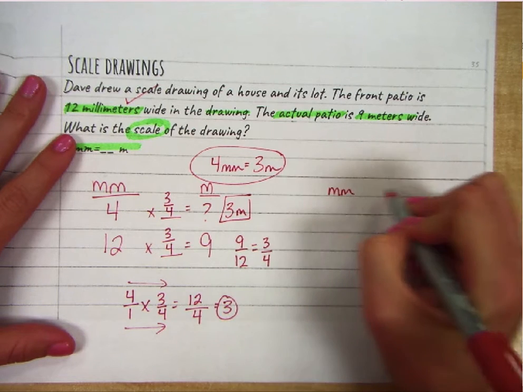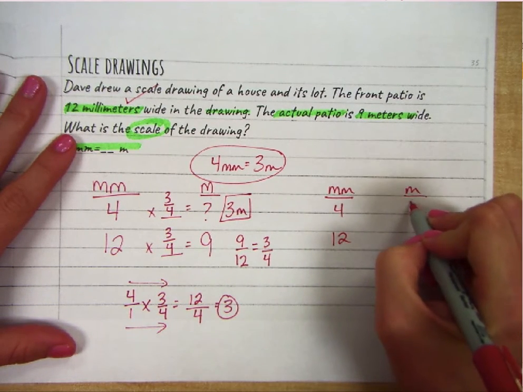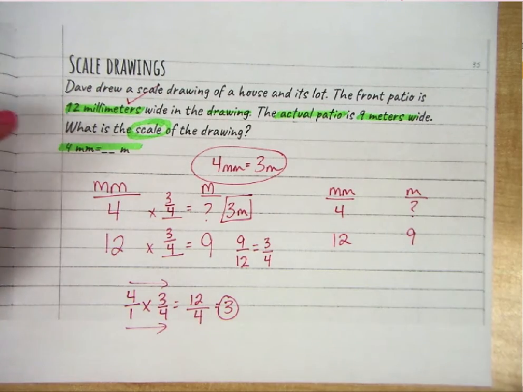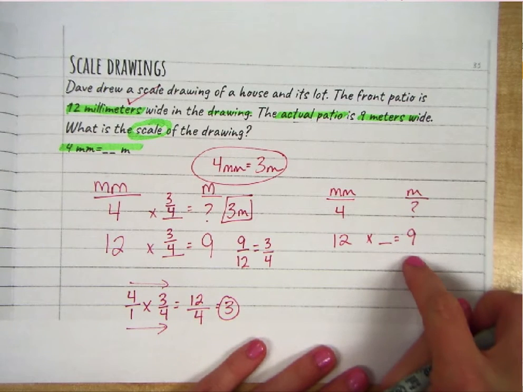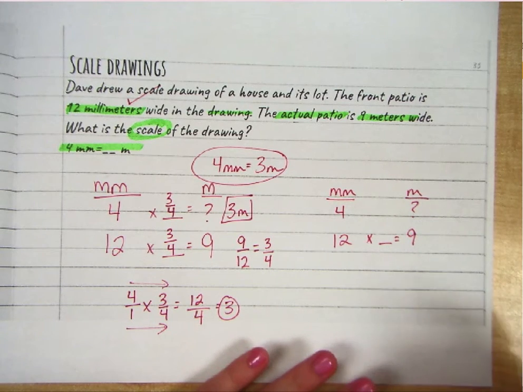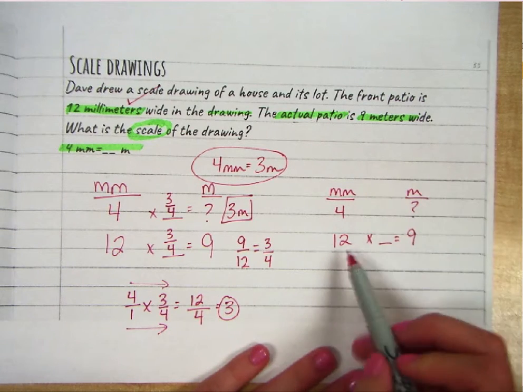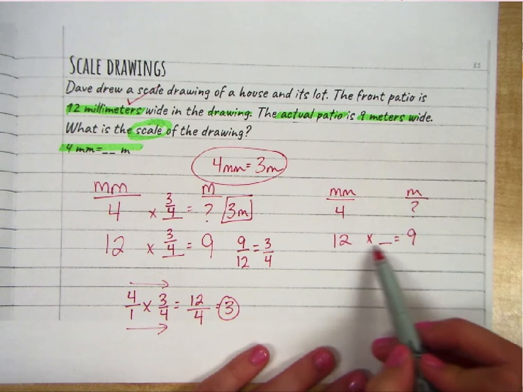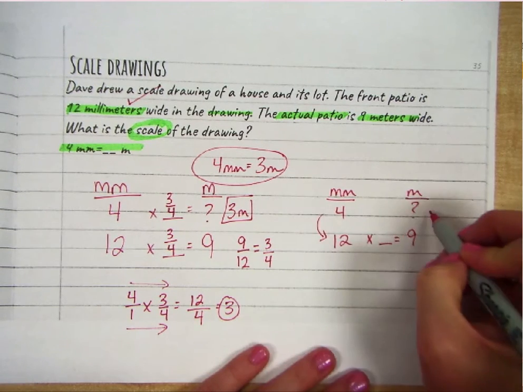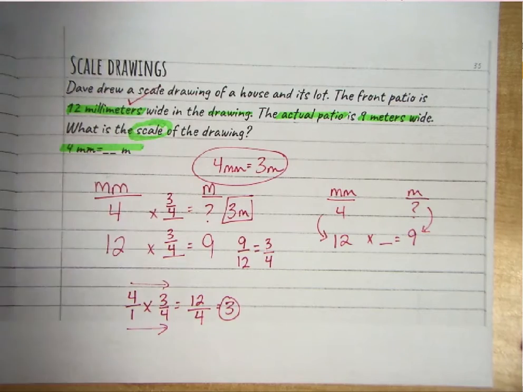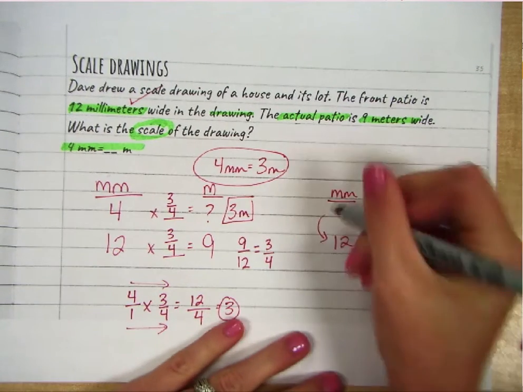So I'm going to rewrite this. Now, if I know that I'm going to be finding some odd fraction here, then we can use that proportion method. So I know that this set of corresponding sides is going to be proportional to this set. So I know that I can multiply by the same number to go from 4 to 12 and from the question mark to 9.